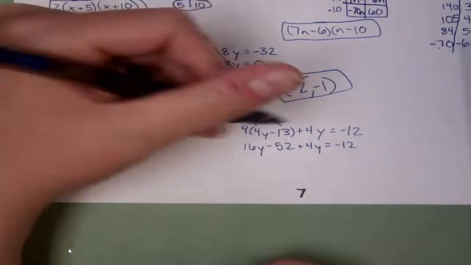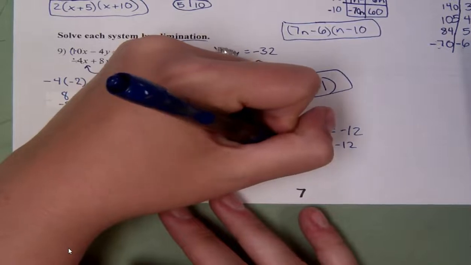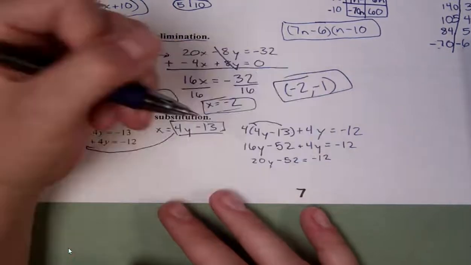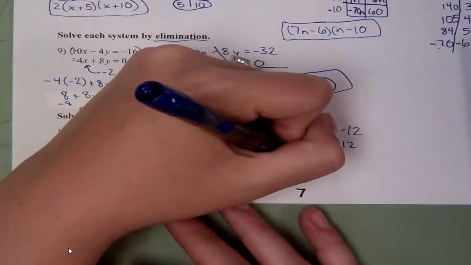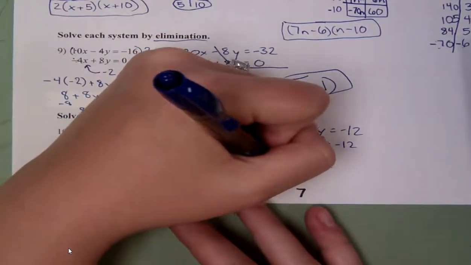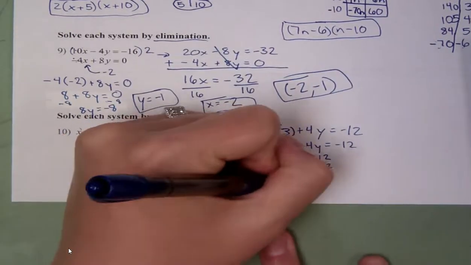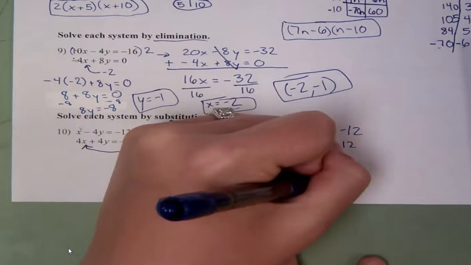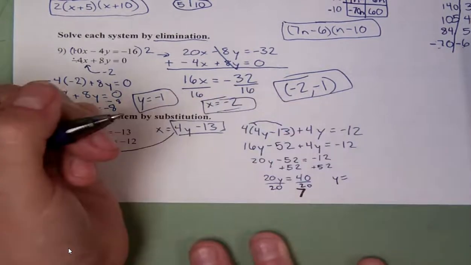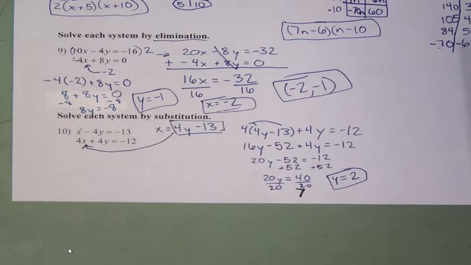I'm going to combine like terms on this side. 20y minus 52 equals negative 12. And then add 52. 20y equals positive 40. And then divide by 20. So y is going to be 2.